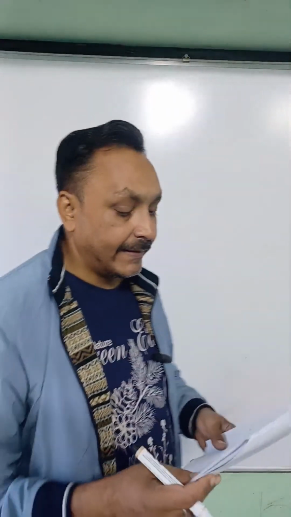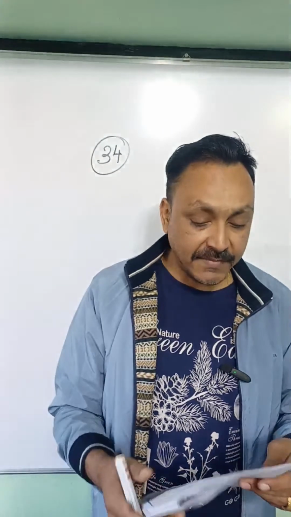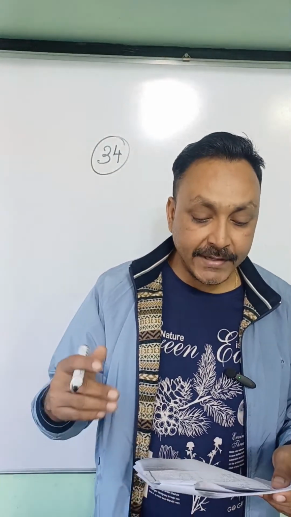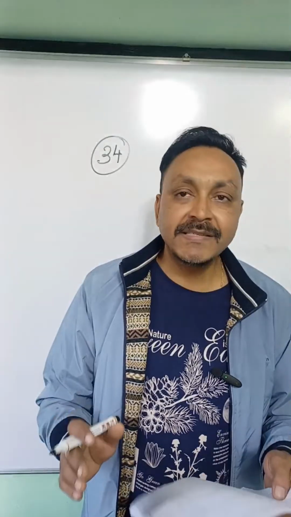Now read question number 34. A biquadratic polynomial is a polynomial of degree what? I have explained this in my previous videos several times. You have to find the degree of a biquadratic polynomial. Before that, you should know what a biquadratic polynomial is.